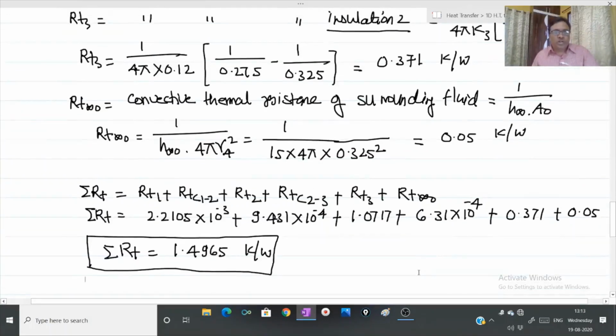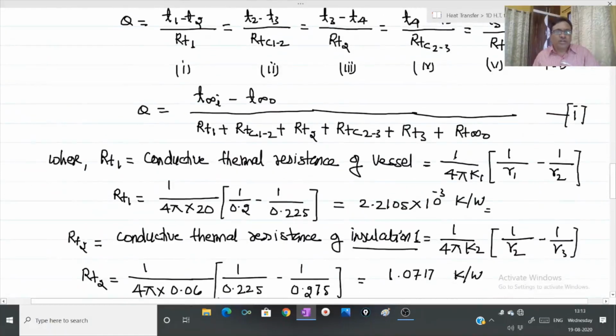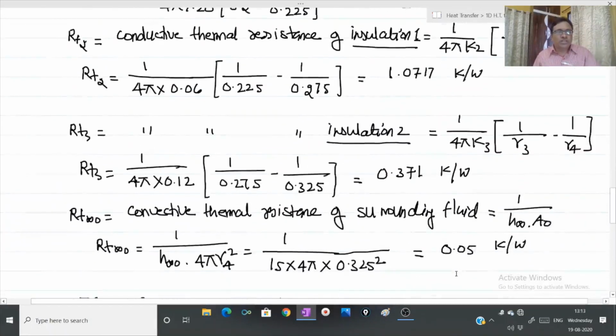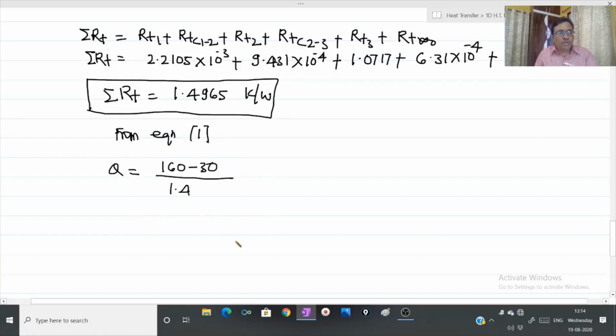So this is not our end result. We are supposed to calculate rate of heat transfer. So once we have the value of total thermal resistance, now from equation 1, Q is equal to 160 minus 30 over 1.4965.